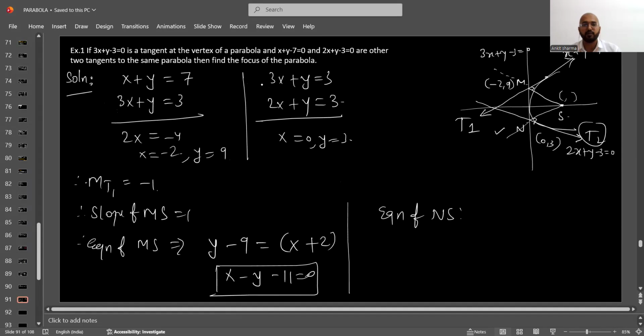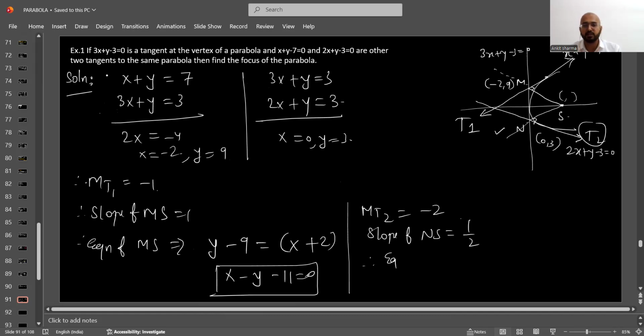For this I need the slope of the second line. The slope of tangent 2 is minus 2. Therefore the slope of NS would be 1 upon 2.